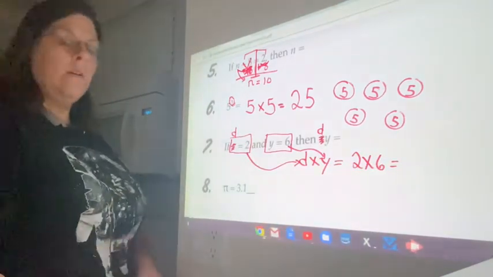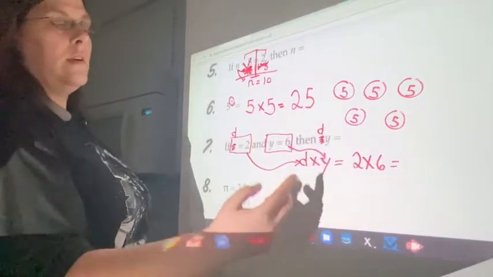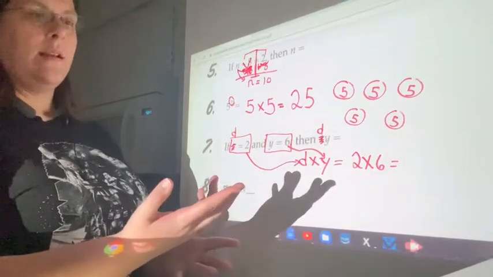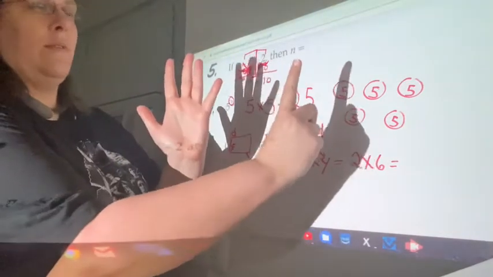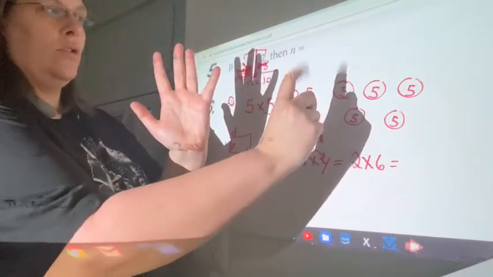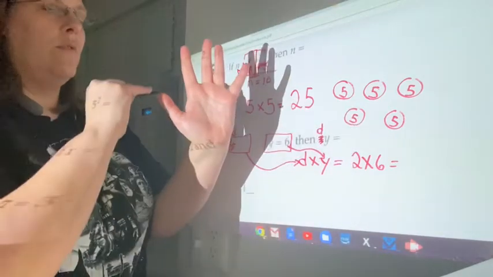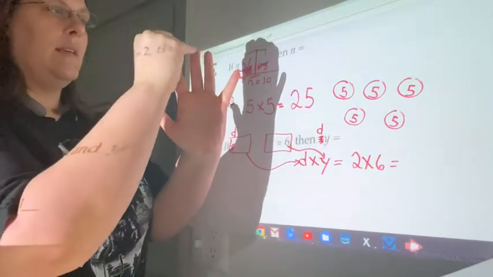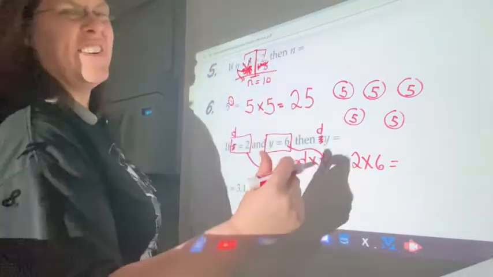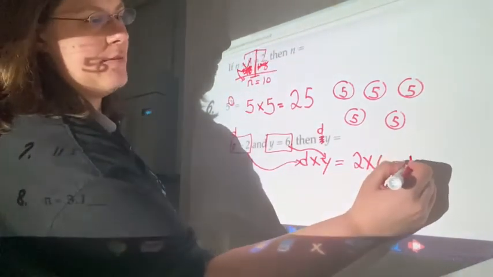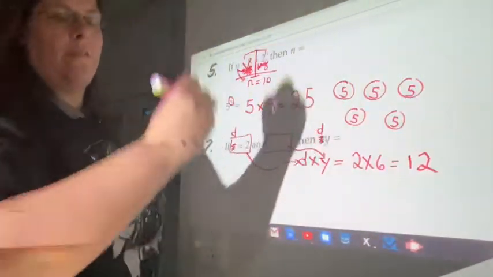So going back to our fingers. Okay, so we got, I can't do 6, can I? I don't know. All right, let's try this. Ready? 2, 4, 6, 8, 10, 12. I could. 12. Perfect.